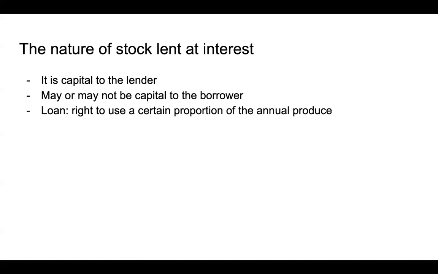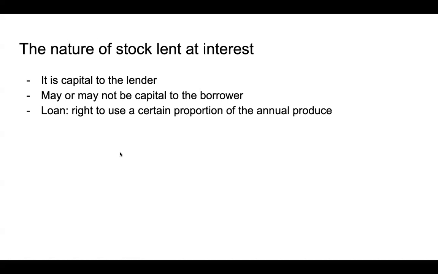Because think about it, the borrower needs to pay back both the principal and the interest. If he always borrowed to spend, then there's no way he can keep paying the interest. He will just ruin himself financially. So most likely it is a capital to both the borrower and the lender.